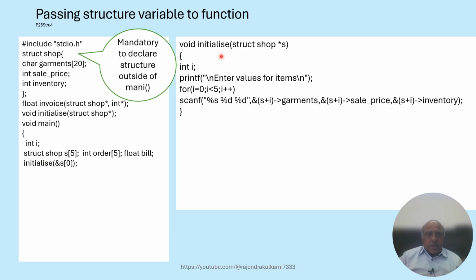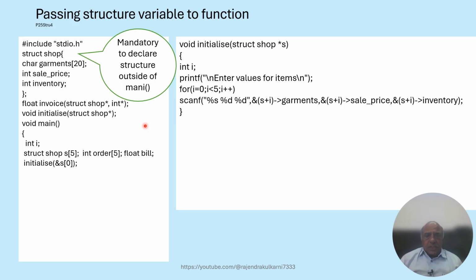Here we have defined the function. How have we defined it? void initialize, in brackets struct shop star S. So S is a pointer of type struct shop.